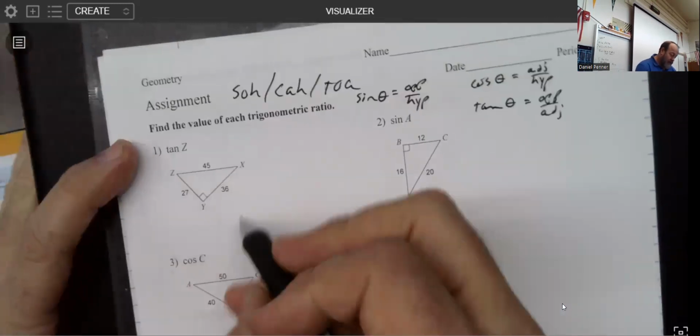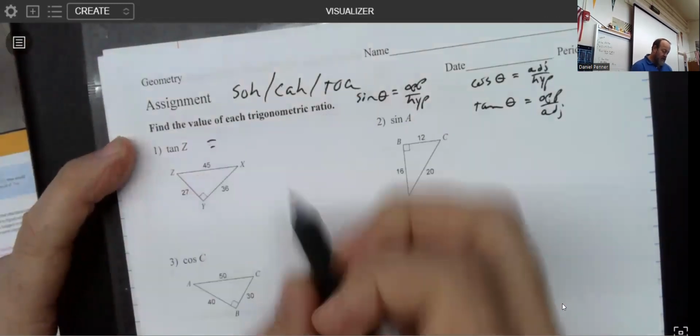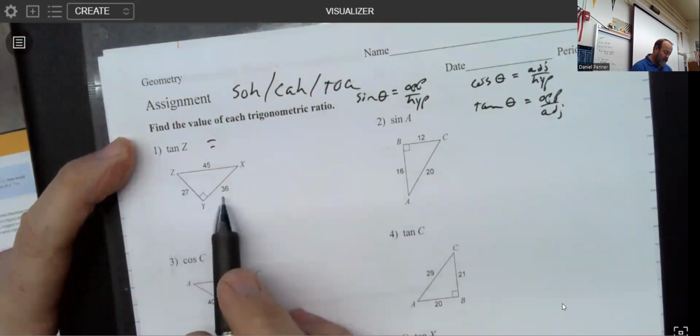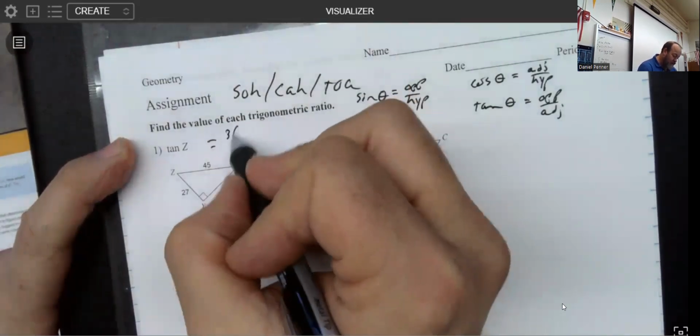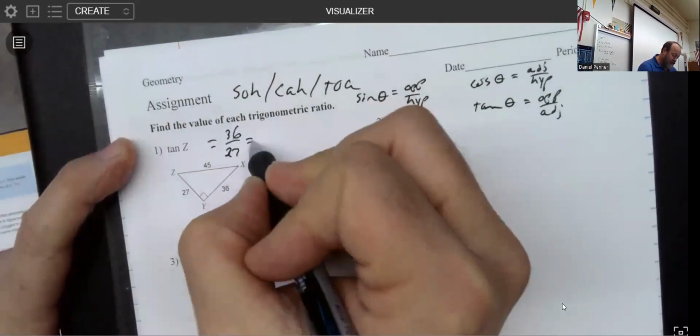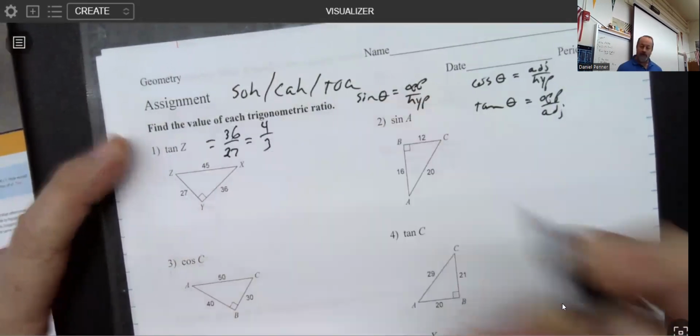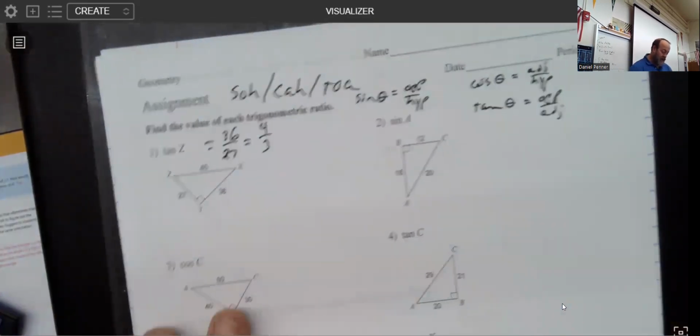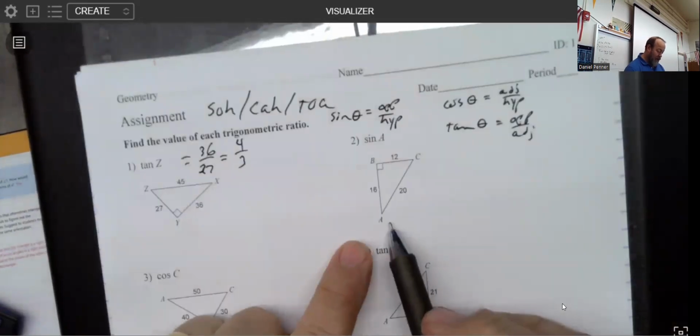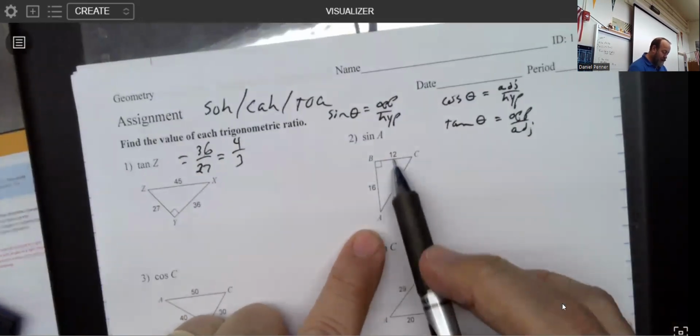So TOA, this is asking me for a tangent. The tangent, TOA, is opposite over adjacent. That's 36 over 27. We should divide by 9 and get 4/3. The sine, some old hippie, sine A is opposite over hypotenuse.